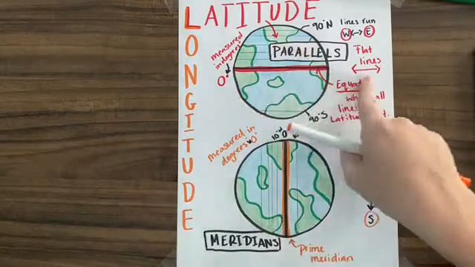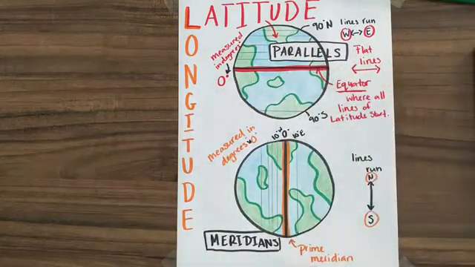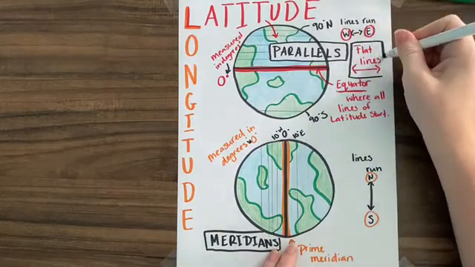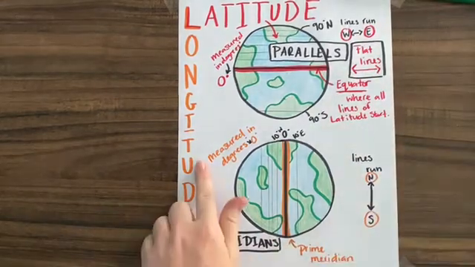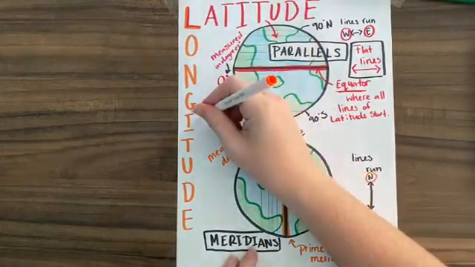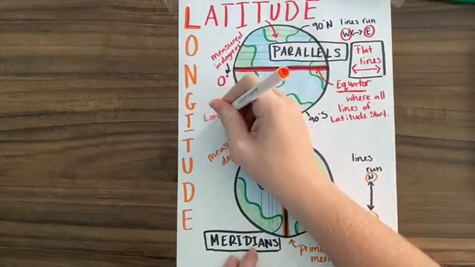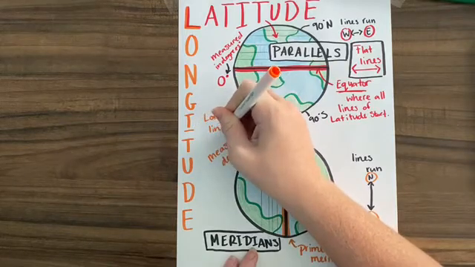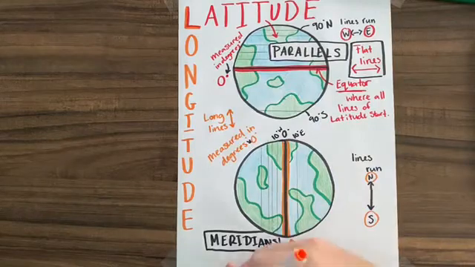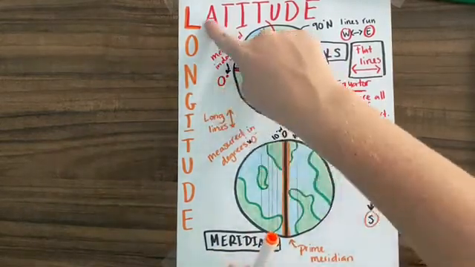So let me show you the way I like to remember longitude. So latitude over here, I told you it was flat lines. And over here, the way I remember it is the word long. Long lines. Because longitude has the word long in it.